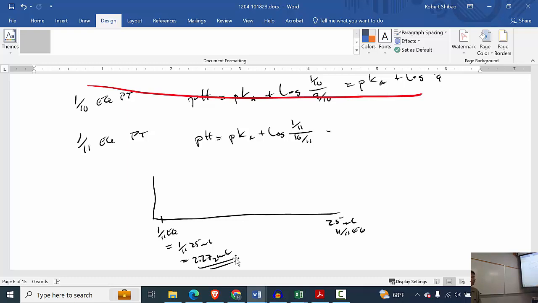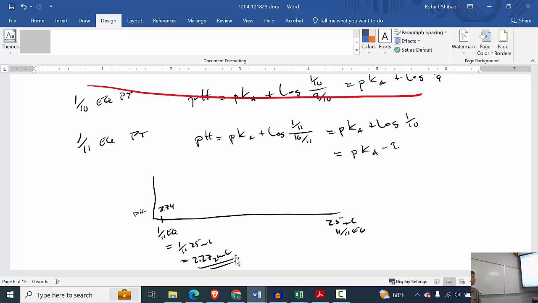The reason I like the 1/11th equivalence point so much is because it's equal to pKa plus the log of 1/10. Well, what's the log of 1/10? The log of 1/10 is minus 1. So it's pKa minus 1. It's very quick to get this. The pKa was 4.74, and so minus 1, this pH is going to be 3.74.